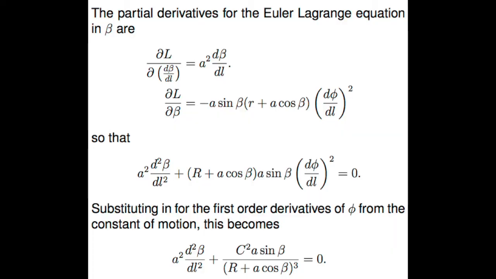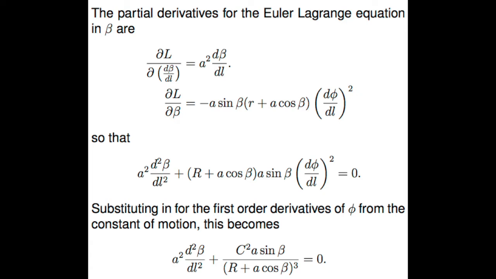So here we're just taking the partial derivative of L with respect to d beta by dl, which gives you an a squared d beta by a dl, and the partial derivative of L with respect to beta, which gives you a more complicated function of beta and d phi by dl. And so putting them together, you get an Euler-Lagrange equation which is second order in beta, but which also contains a d phi by dl squared.